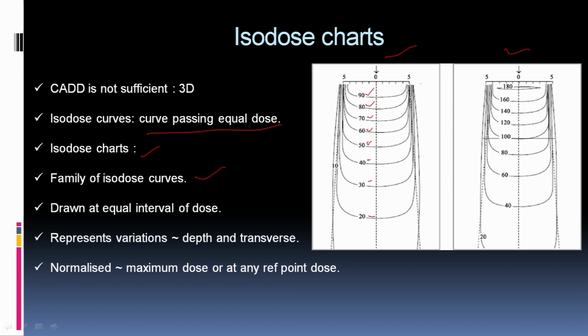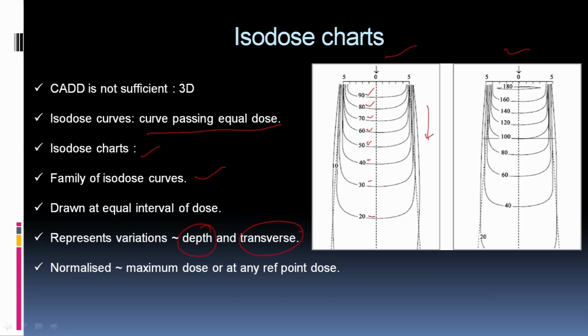These curves were drawn. It is not that we cannot draw the 91 or 93 curve, but for convenience we do it at 10 increments, or you can maintain another increment for this isodose drawing. Now it represents the variations of dose with the depth and the transverse directions.